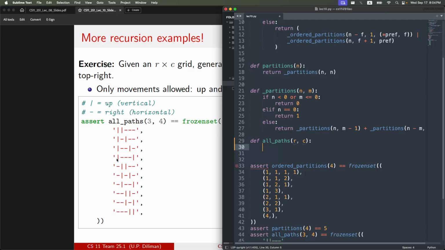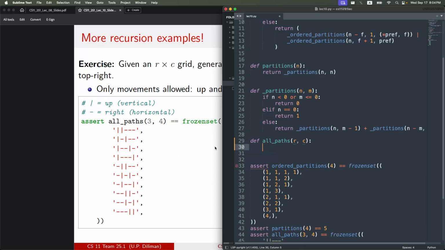Going to the right is similar to solving the problem with one less column. So let's just take care of those cases using the base case.